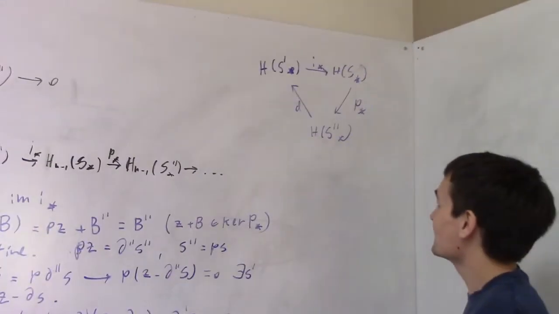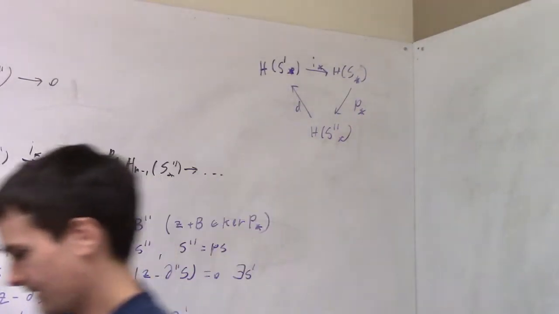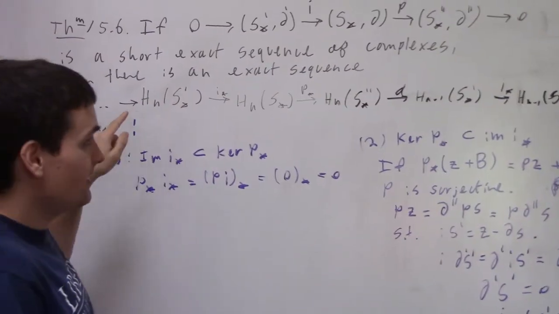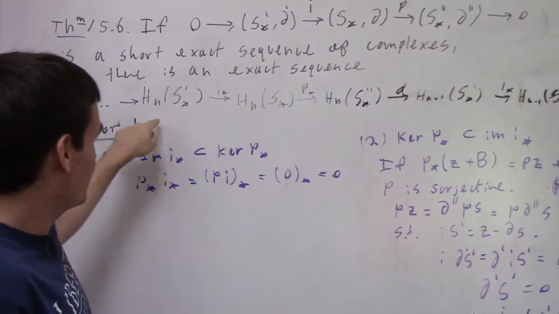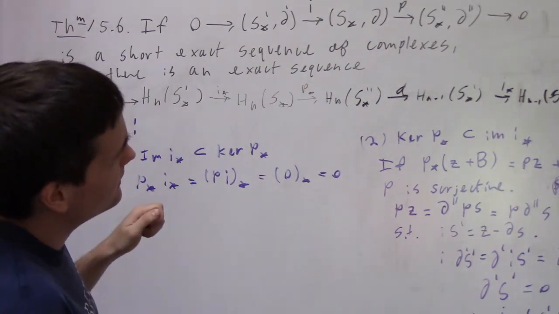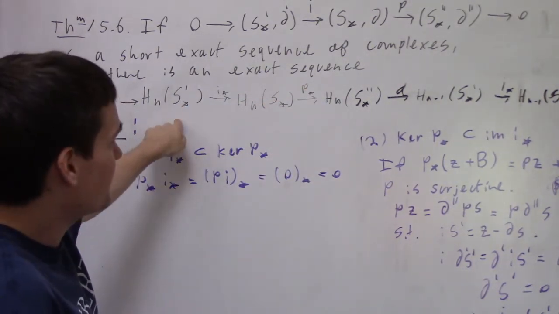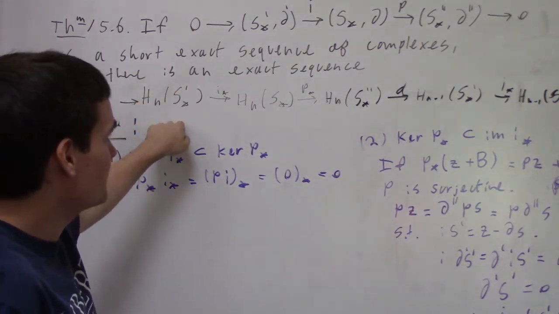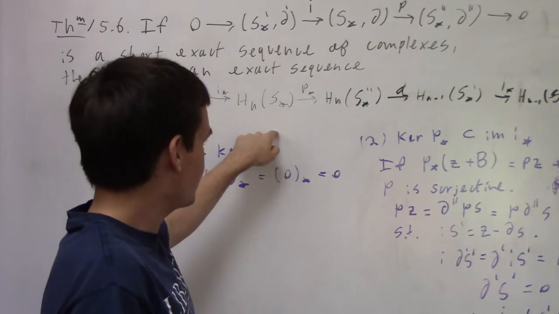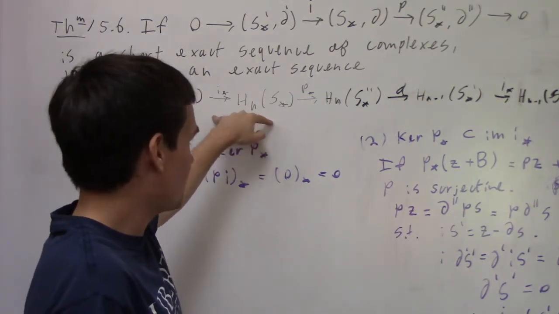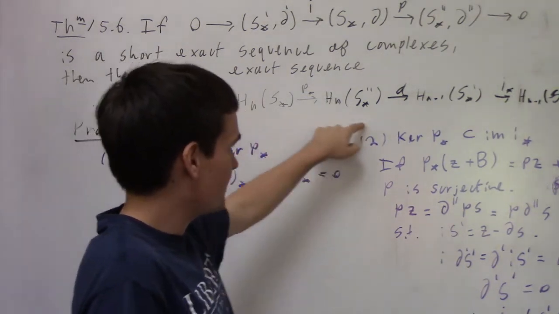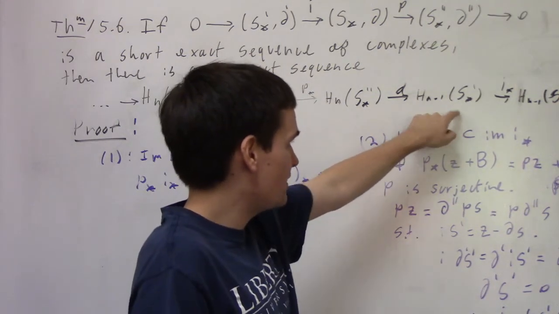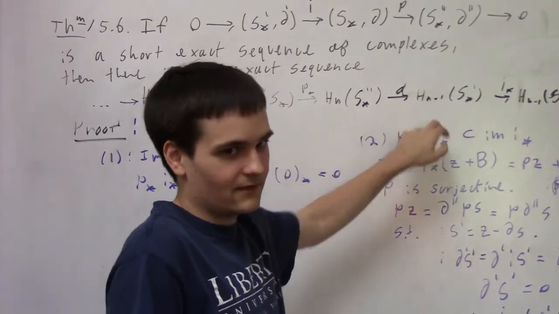And so essentially this is just to remember exactly how you get the sequence, because you start at Hn of S prime, and you go to S along I, along P, you go to S prime prime, then you're back to S prime again, but you've gone down 1.